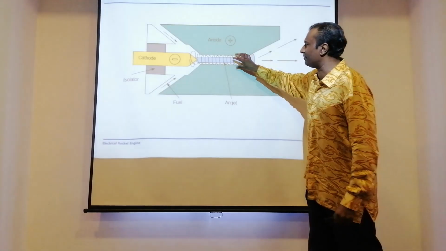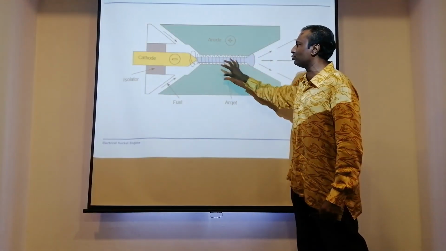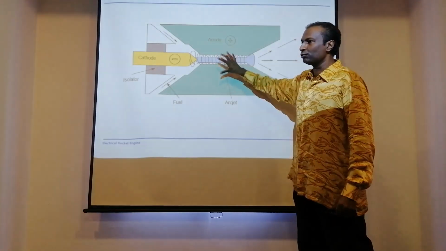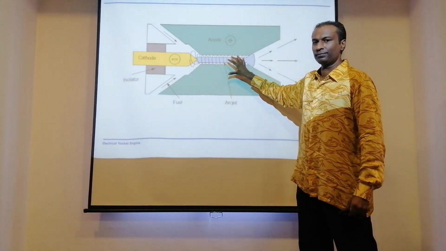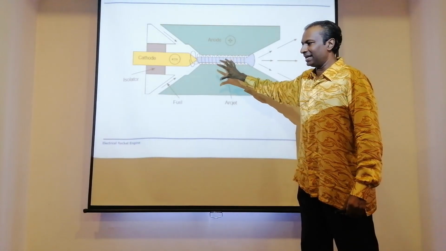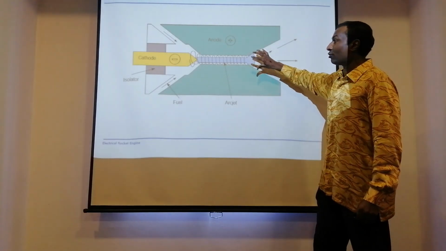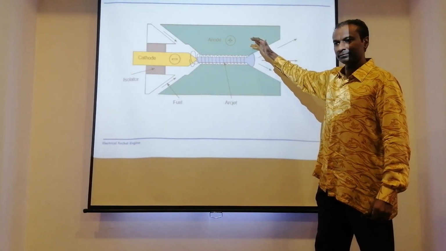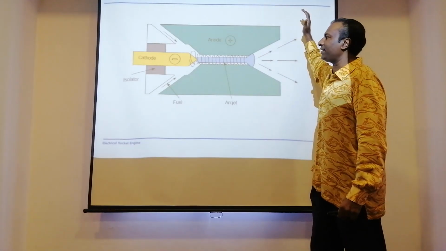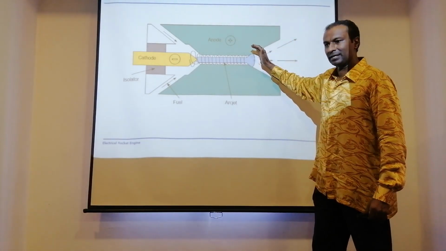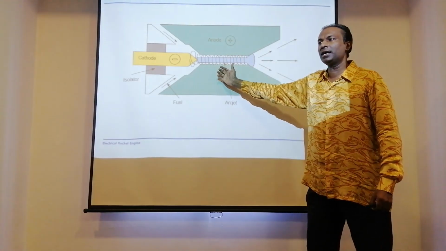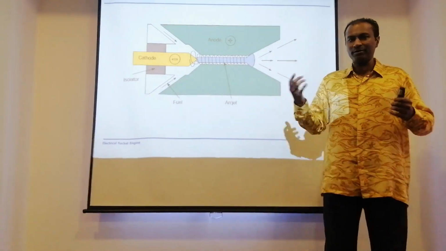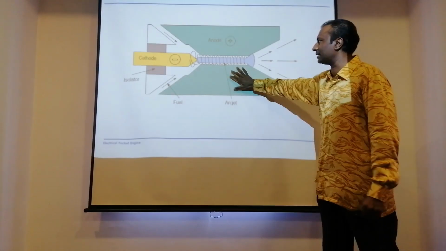I make sure I give more options for the fuel to ionize, so that more ionized fuel, free ions, can get interacted or be under the field of electric, and under the field of magnet, so that there will be a Lorentz force pushing, which is the actual thrust. Why not? So that is exactly the design that comes here.